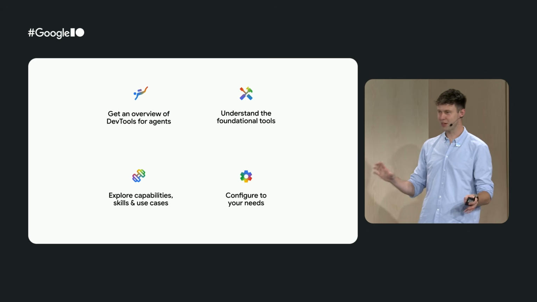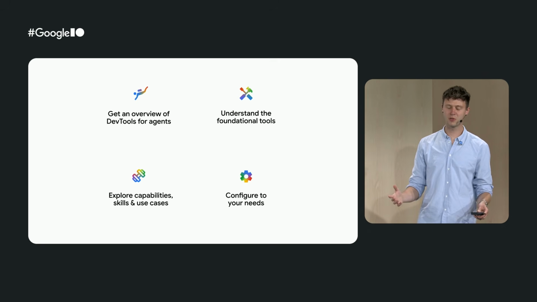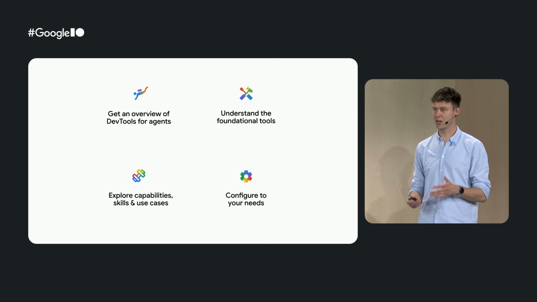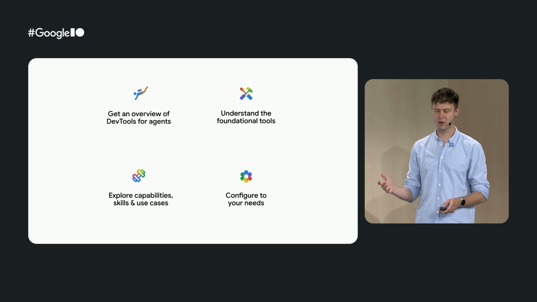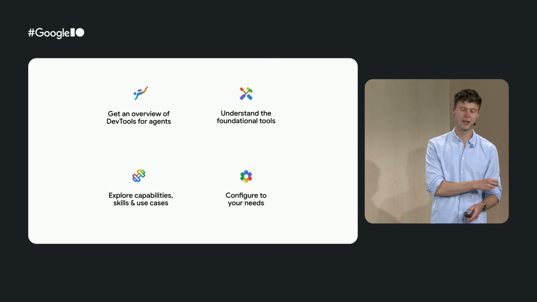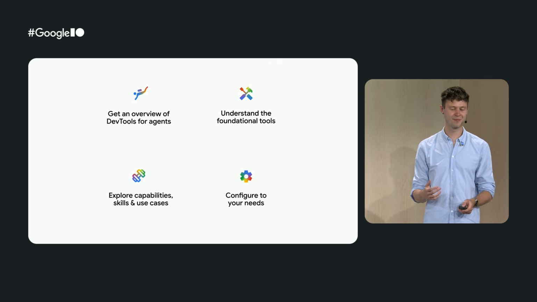And with this, you really have everything to get started. You know how DevTools for agents works with the MCP server and the CLI. We explored a couple of example prompts from bug validation to persisting DevTools actions into a reusable CLI script. And you learned how to configure DevTools for agents to your needs.